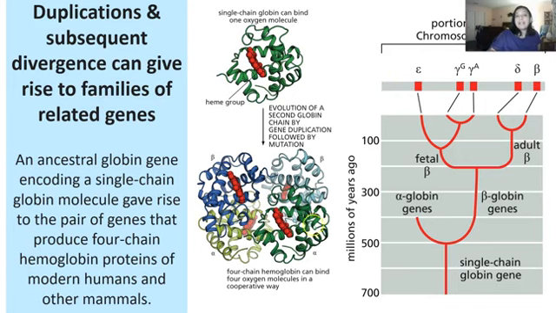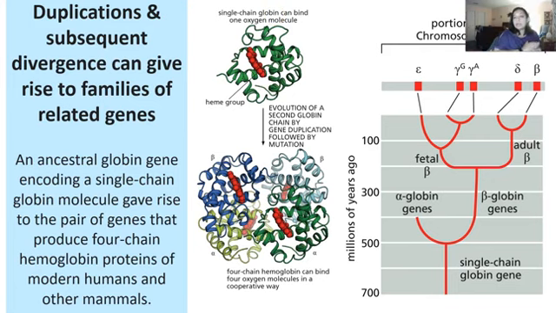The advantage of having this versus the single-chain globin molecule is that the single-chain globin molecule could only bind one oxygen molecule, and so obviously you would require a lot more of it to get the oxygen that you need efficiently.